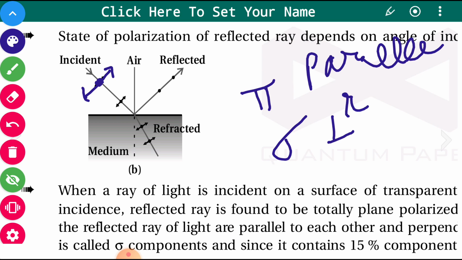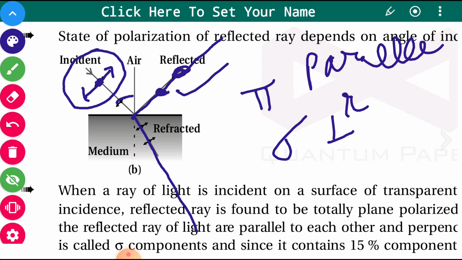Now here all the components are present, but in this reflected light, if this angle is so adjusted that the reflected light becomes completely plane polarized, then it will only have the sigma components. All the other components will go in the refracted ray.